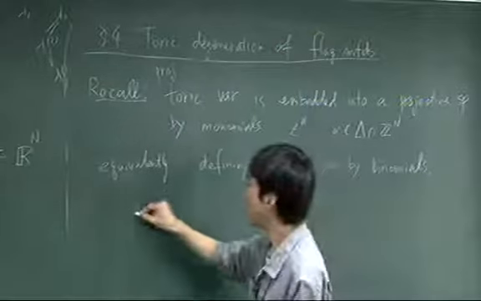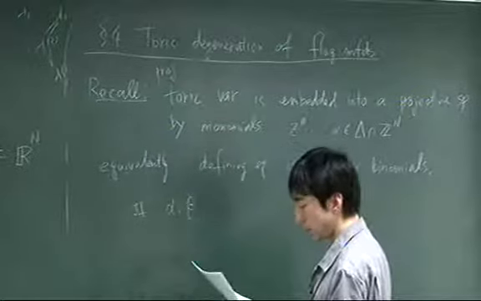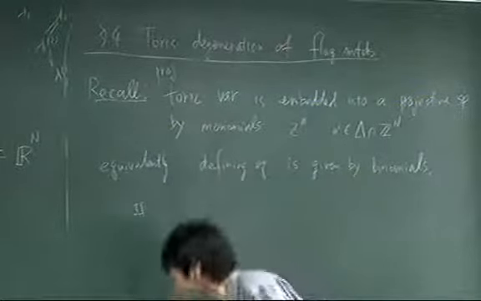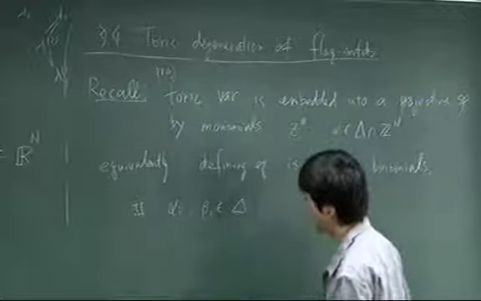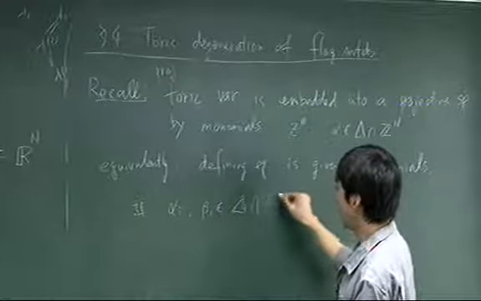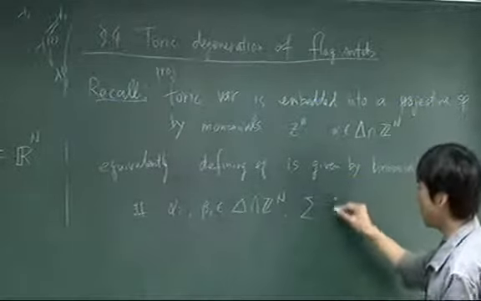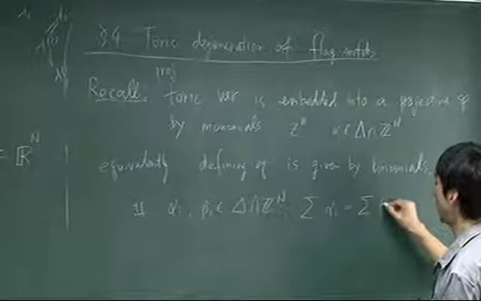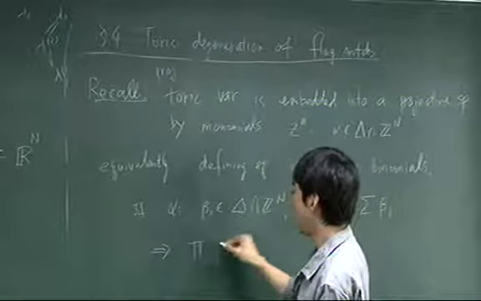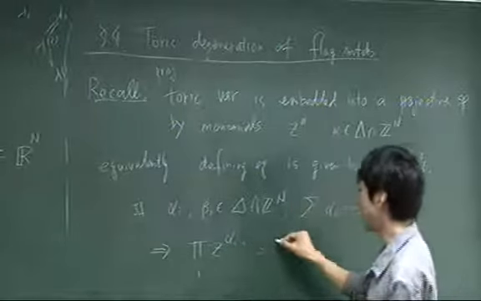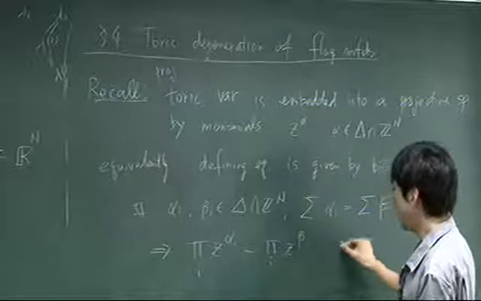So that means if α_i and β_i are several points in the moment polytope satisfying this condition, then the monomials satisfy this binomial relation.